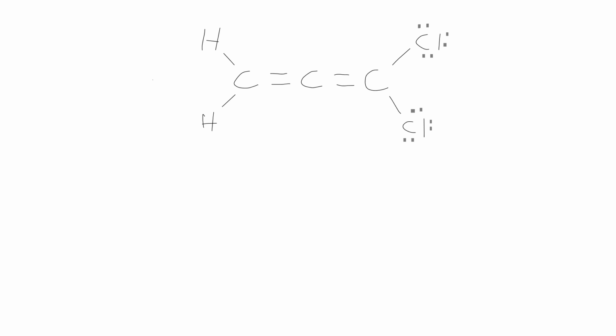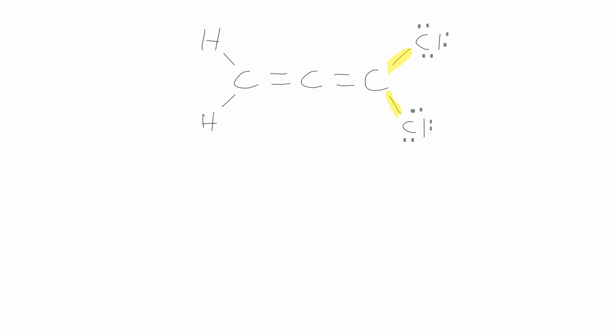The next set of electrons we would need to look at then are the bonding between the carbon on the right and the chlorine. So this is a single bond. So whenever we have a single bond, we want to describe that as a sigma bond. Sigma bonds, we want to talk about the overlap of hybridized orbitals. So what kind of hybridized orbitals do we have?